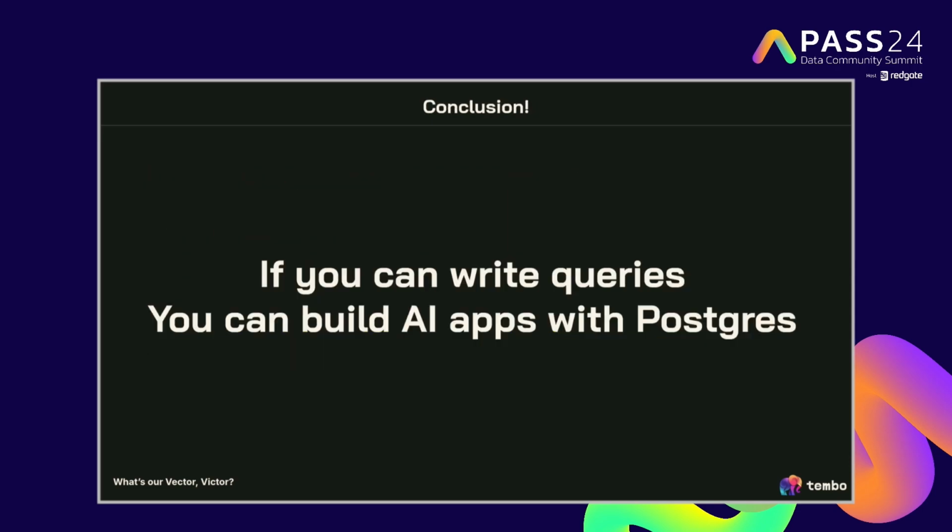And to sum it all up, and this is why these 20-minute talks are kind of handy, they're basically just a show and tell. They're a long version of a lightning talk, right? If you can write queries, you can do AI, or at least the current approximation of AI.